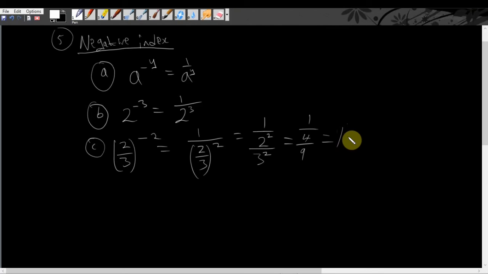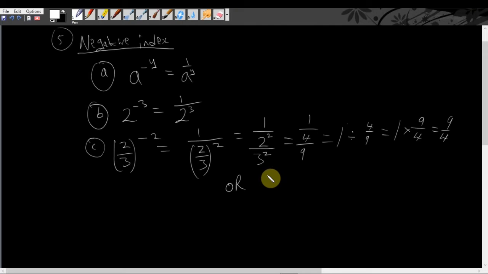This is more like 1 divided by 4 over 9. In mathematics, if you change division to multiplication, the denominator becomes the numerator and the other becomes the denominator, which gives us 9 over 4 as our answer.